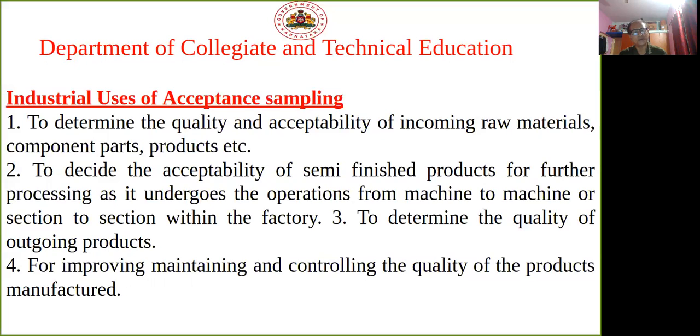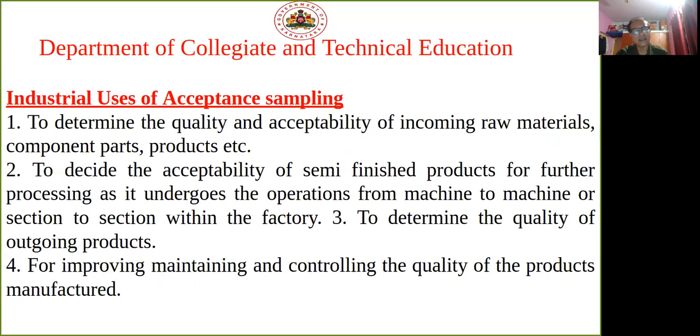One is to determine the quality and acceptability of incoming raw material, components and products. It doesn't mean that acceptance sampling is used only for the finished product. No, sometimes we use acceptance sampling for the raw material, to test the raw materials.